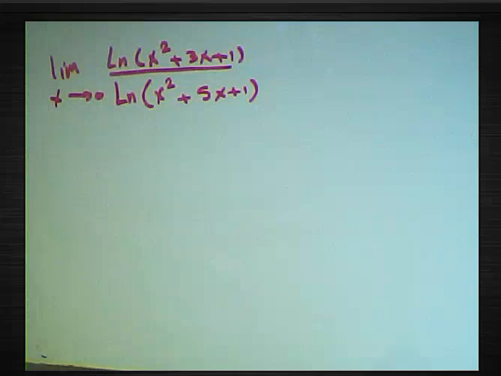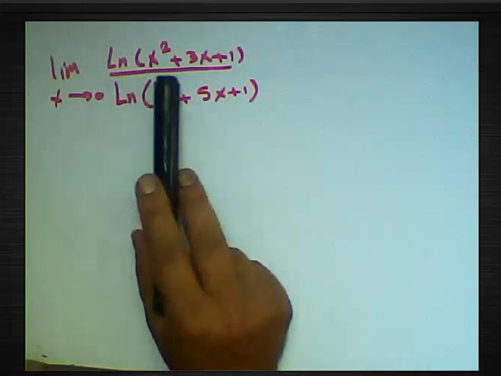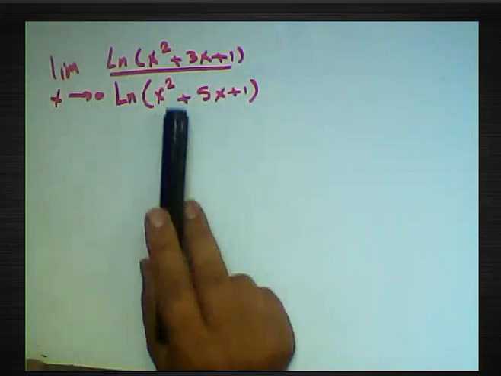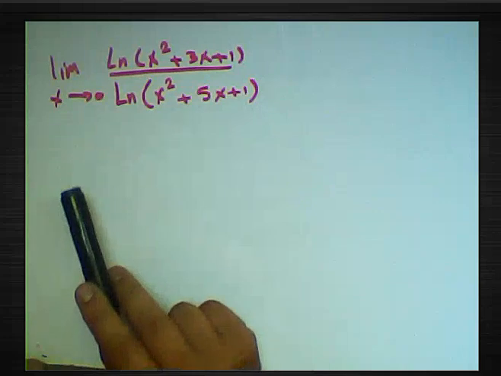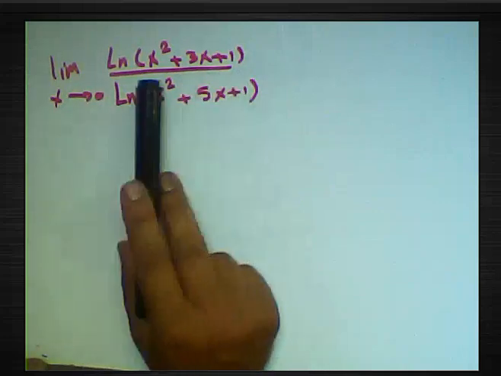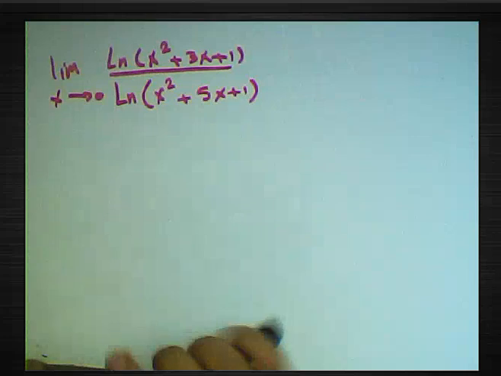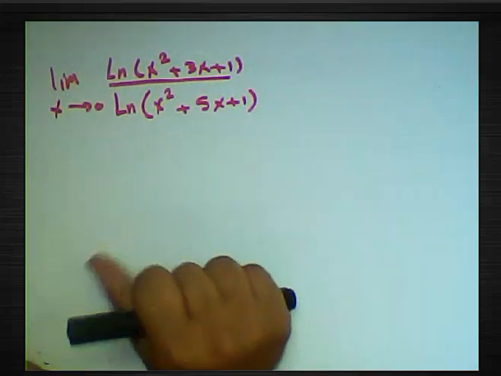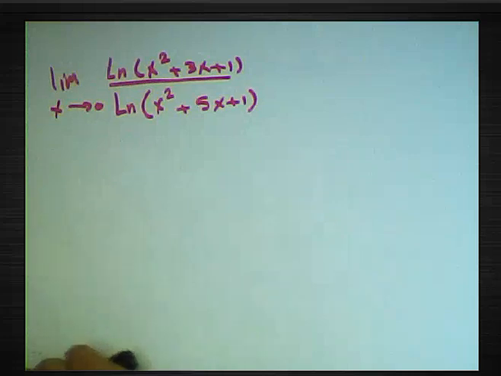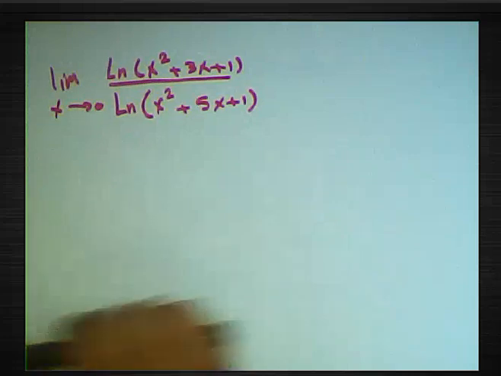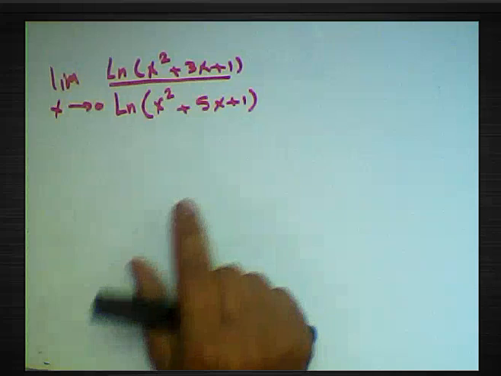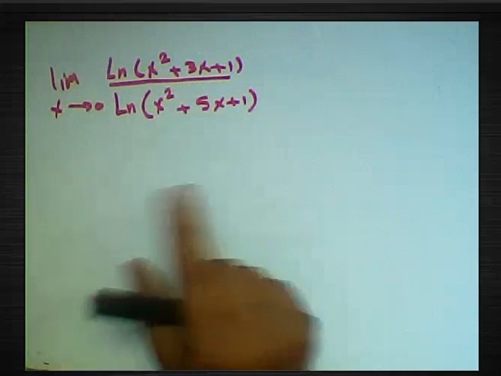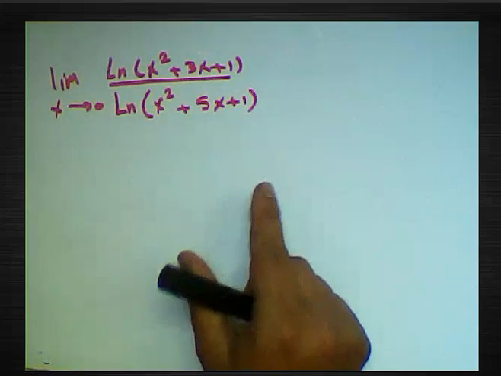Look at this example. The limit when x approaches 0 of ln(x^2 + 3x + 1) over ln(x^2 + 5x + 1). We can factorize this expression, so we must multiply by an expression that gives me the result about the rule. We know from the last question the limit when x approaches 0 of ln(x + 1) over x is 1.